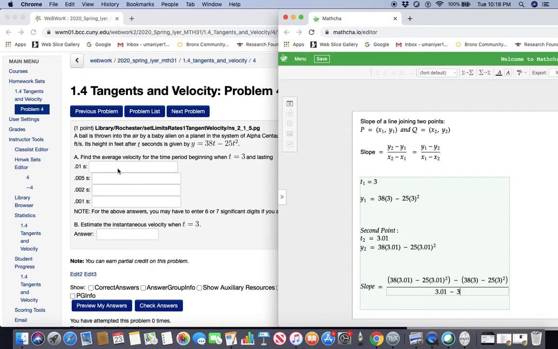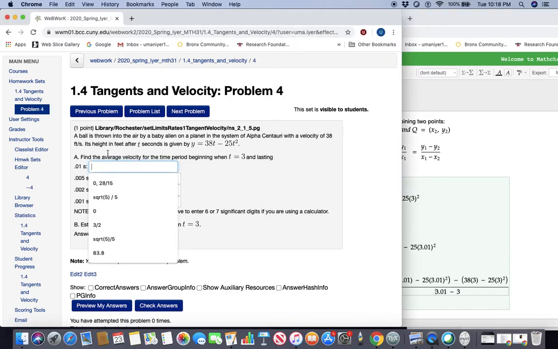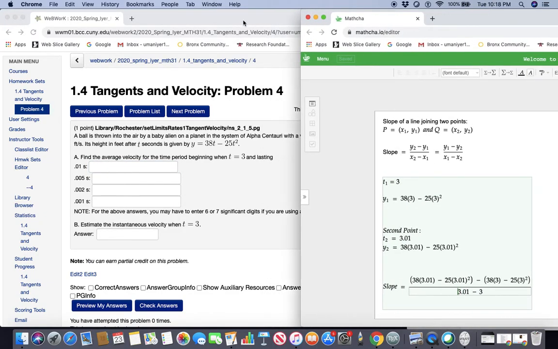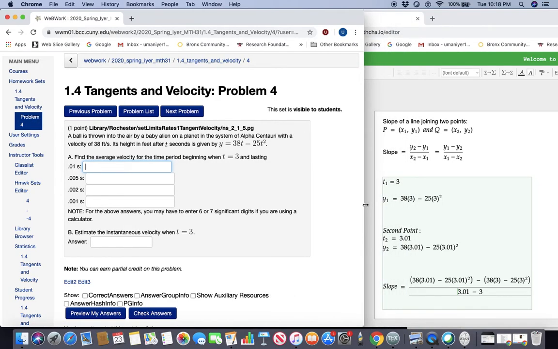So that's my slope, which is the average velocity. Now you notice this expression is very complicated, so I will write parentheses for the denominator and a big parenthesis for the numerator. Numerator divided by denominator. The denominator is a simple one: 3.01 minus 3. The numerator is a complicated piece.